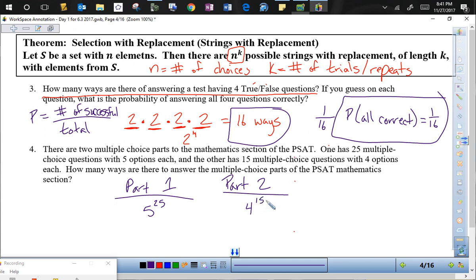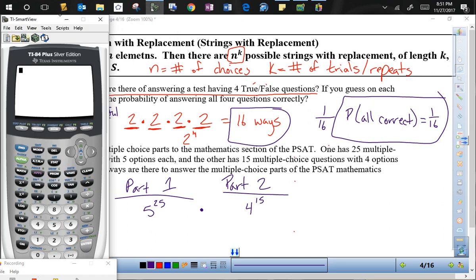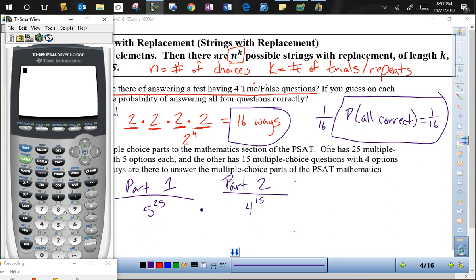So we've got the total number of strings for each part separately, but we're not taking the parts separately. We want the first part of the test and the second part of the test, which tells us to multiply. We'll type this all in because we know we've got a really large number here. So 5 to the 25th times 4 to the 15th.